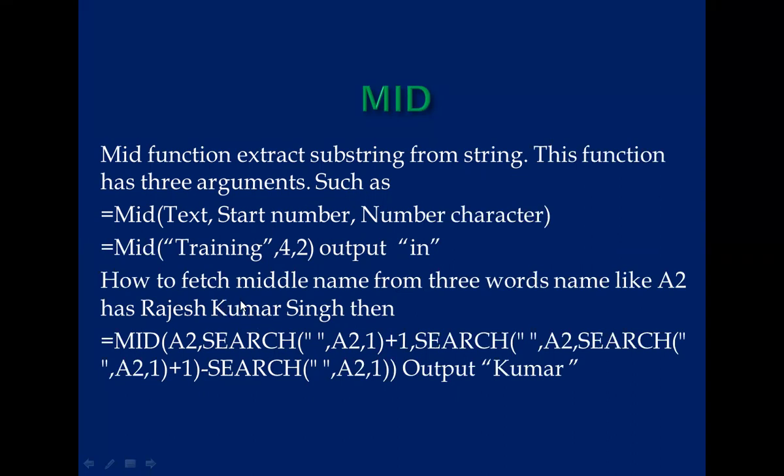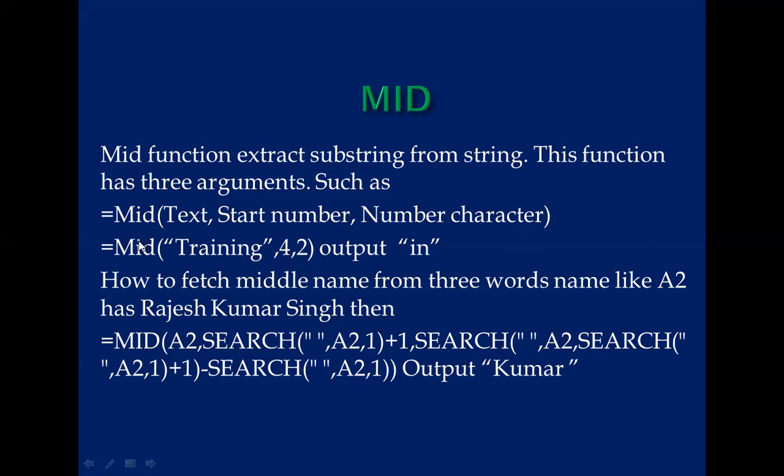Kumar is called a substring, or you can take Singh. This is also a substring. Only one part of these three names I will pick. That is called a substring. This function has three arguments. See here, your first argument is text, second argument is start number, third argument is number of characters.